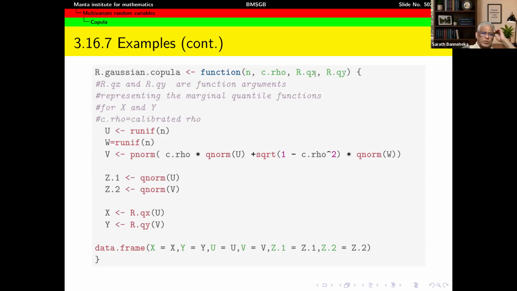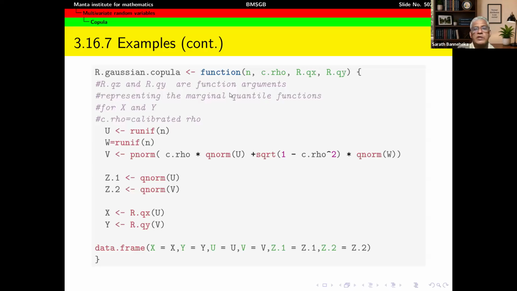This is a general function that I have written. Once I get U and V, I have to apply the inverse CDF of some functions depending on what margin I want. In this case, RQX is a function to get the margin distribution of X. RQY is also a function that I have to input to get the margin distribution of Y.